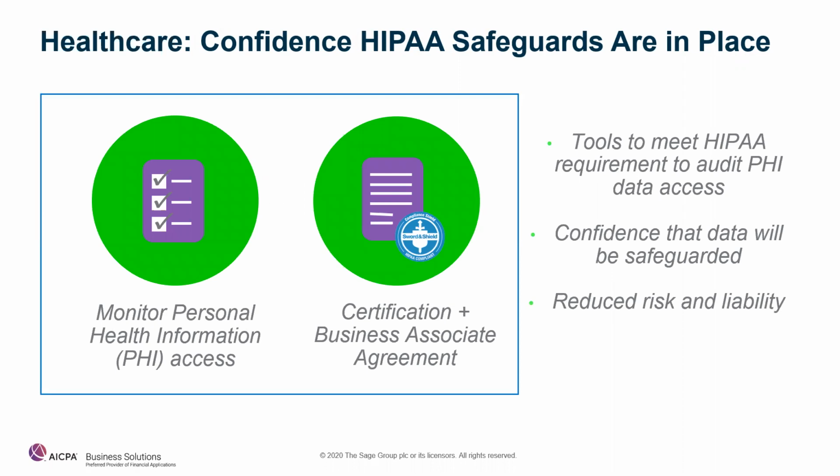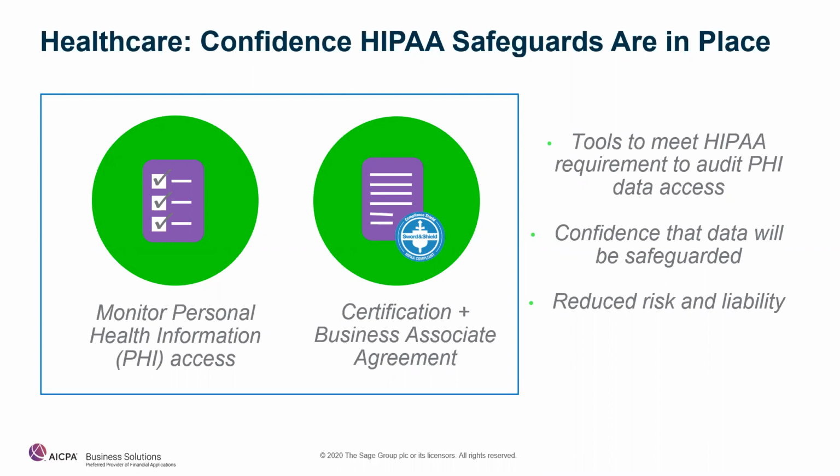So when we look at what's available in Sage Intacct, and this is a choice, so this is a configuration and subscription option, our advanced audit trail is going to meet the requirements to be able to tell if any of that health information has been accessed in any manner.